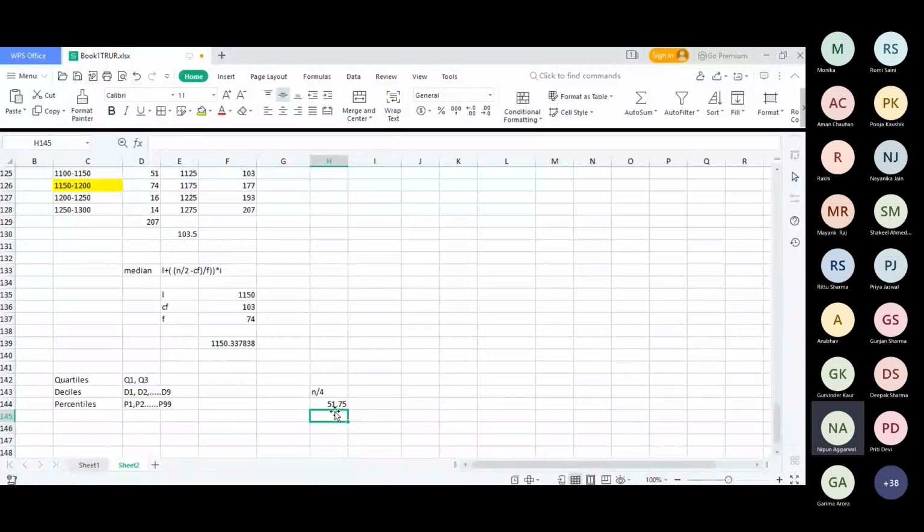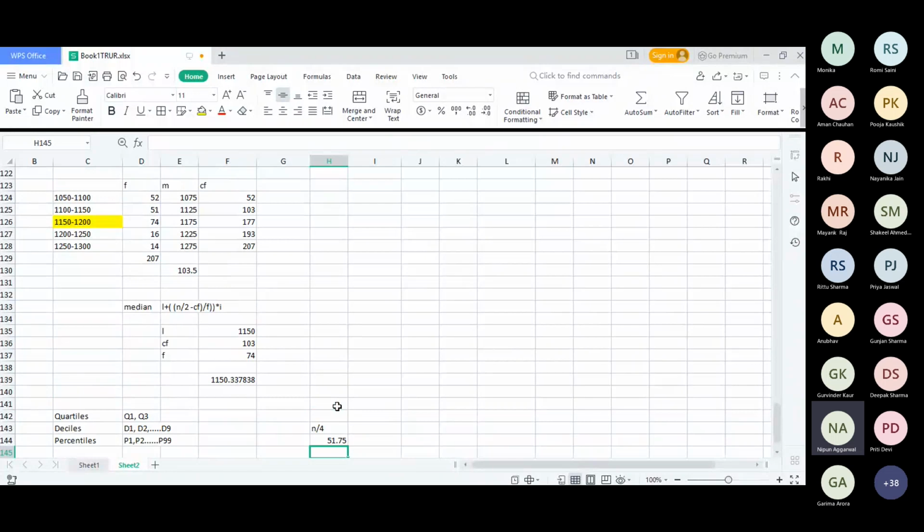Now we check where it lies. It lies in this class only. So we have found that the first quartile lies in the class 1050 to 1100.